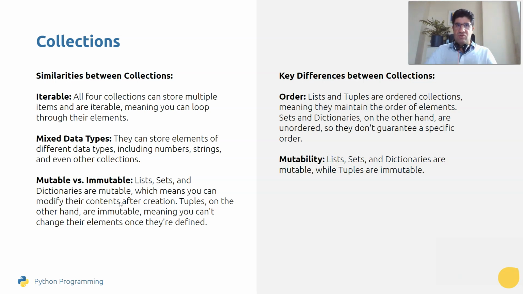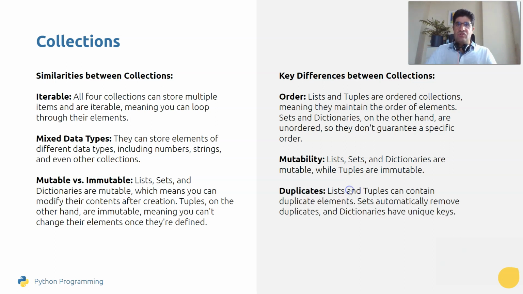Mutability, as we mentioned here as well: list, set, and dictionary are mutable. It means we can change the values inside those collections, but a tuple will not allow you to change the values. Duplicates. As I mentioned again, lists and tuples can contain duplicate elements because they have order and they access each element based on that order.